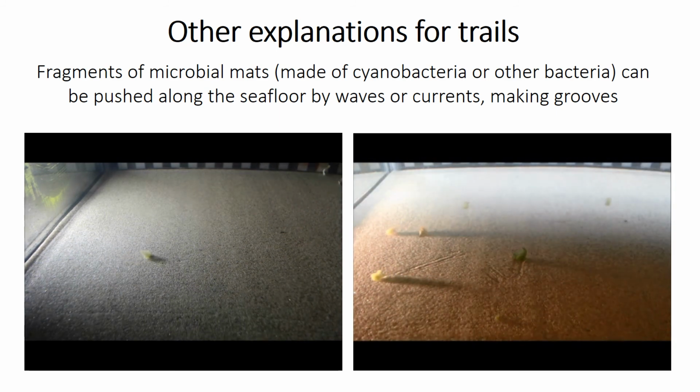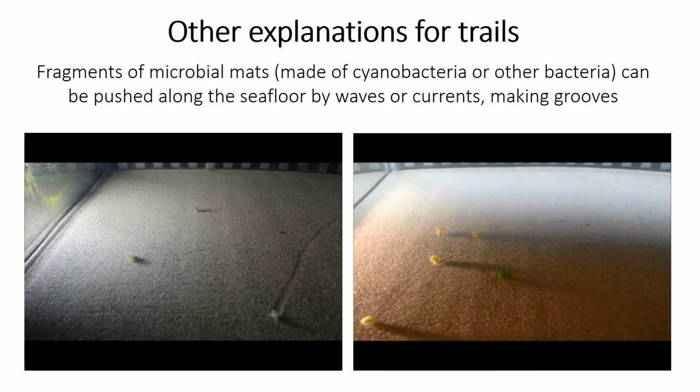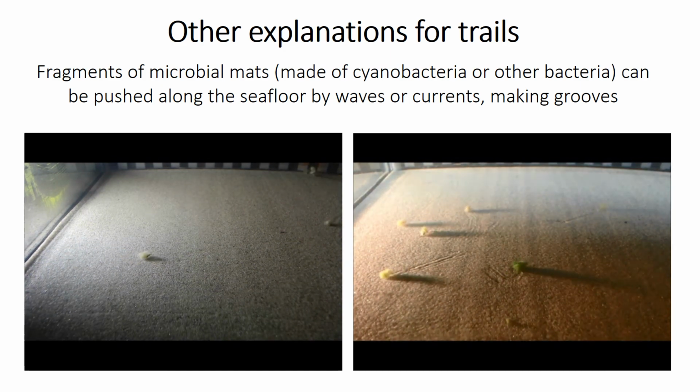So in these little experiments here, these microbial mats are made up entirely of bacteria, cyanobacteria. They're not actively moving, so there may be no relationship between grooves, even grooves with little things at the end of them, and multicellular organisms or complex cells.